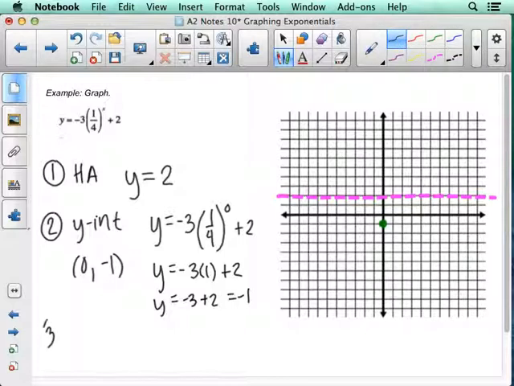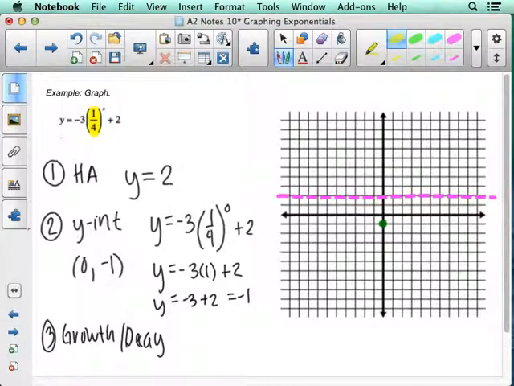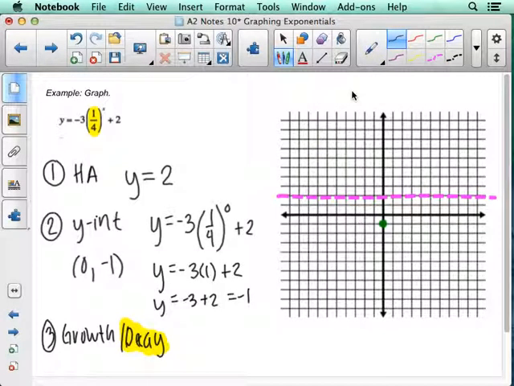Now, next I need to decide, is this growth or decay? This number inside the parentheses here tells me growth or decay because it's between 0 and 1. It's decay. So as I go left to right, my graph is going to be going towards the horizontal asymptote.